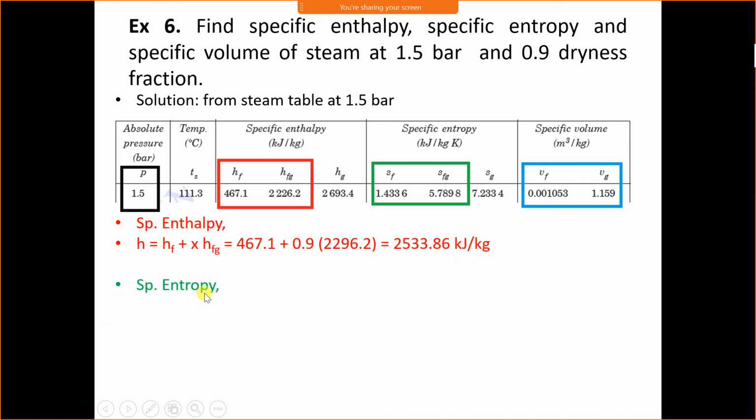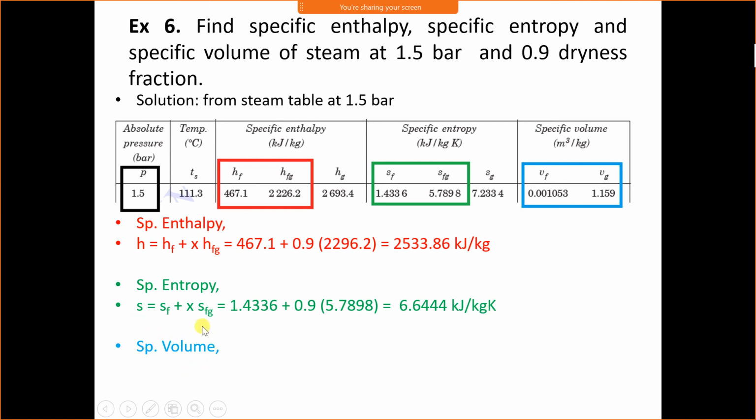Then specific entropy. Formula is s equal to sf plus x sfg. At 1.5 bar, sf is equal to 1.4336 plus 0.9 into sfg, which is 5.7898. It is coming out to be 6.6444 kilojoule per kg Kelvin.